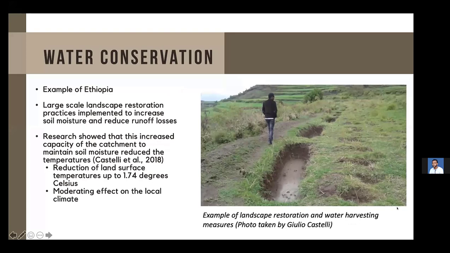So here's just an example from Ethiopia. It's something that ever since I started having anything to do with projects in Ethiopia has always really impressed me, the way they have these annual watershed campaigns where they're mobilizing whole communities to just do the soil and water conservation work that needs to be done in their local watersheds.